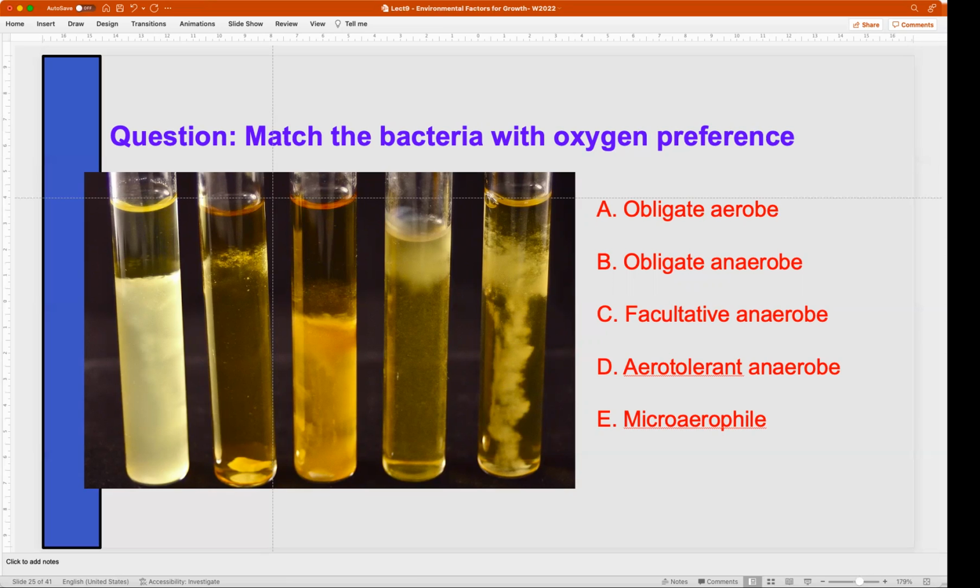And this is the thing with the lab. You have these definitions and you have these real things. Can you match the definition with that? Sometimes it's kind of dicey. And I think that's why I wanted to show you the picture. You kind of have to make a judgment on it. Aerotolerant anaerobe, D. Aerotolerant.